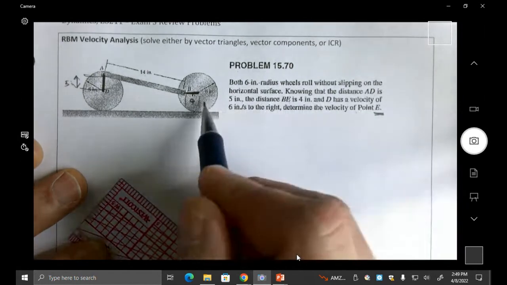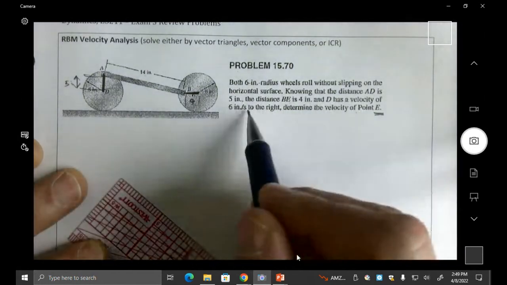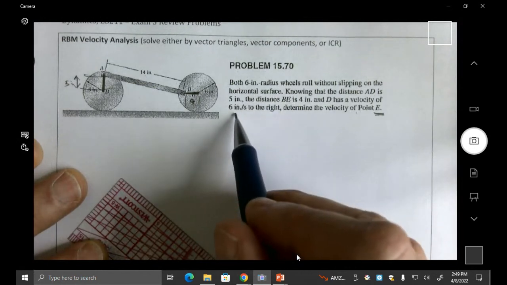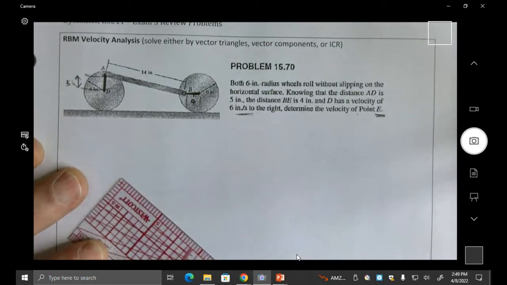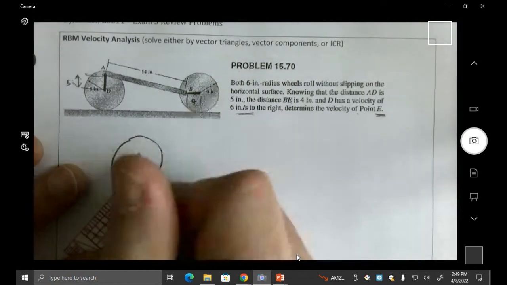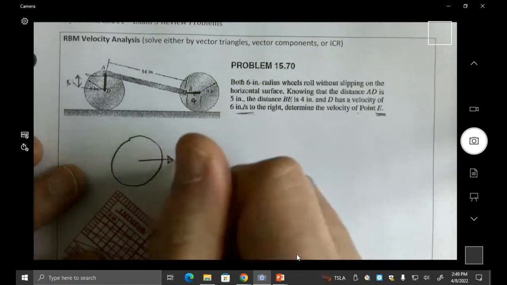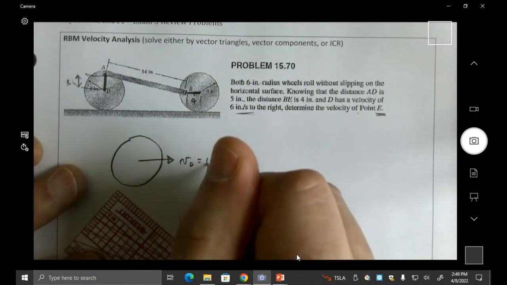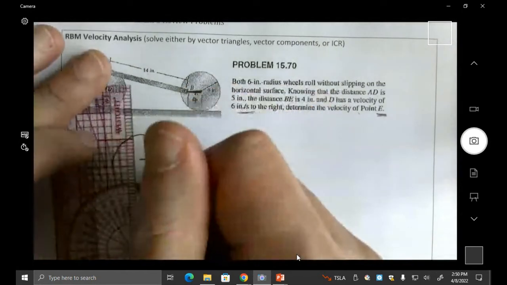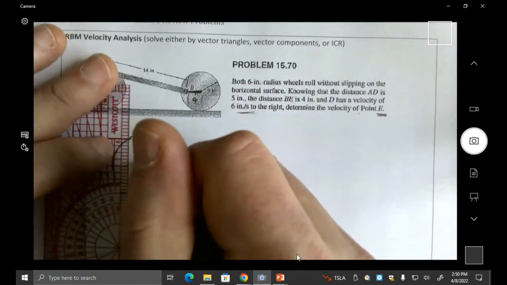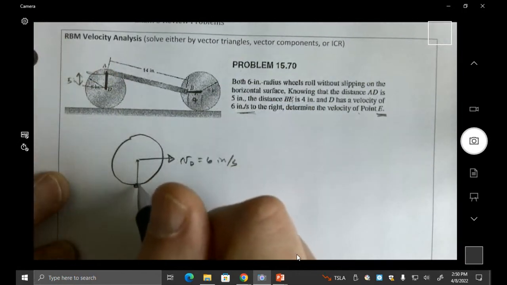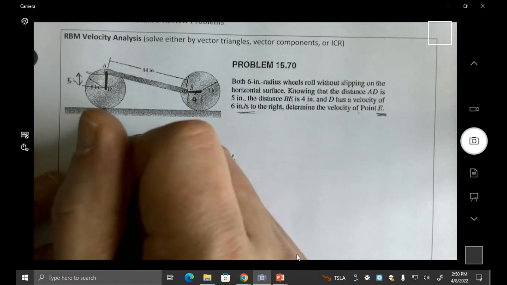So D is moving to the right at 6 inches per second. All right. So right here, we know that this is going 6 inches per second. It's moving without slipping, so that tells us this is the ICR for this wheel right here.